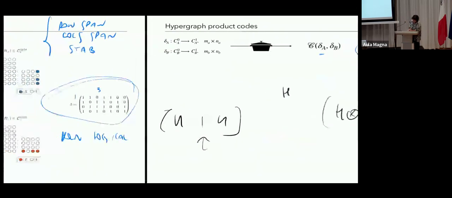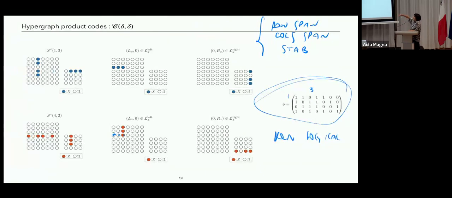And what is interesting is that even the good codes that I told you exist all come from some sort of product that is basically used to ensure that you have the right commutativity relationship. So enough space so that when you combine the X and the Z stabilizers, they overlap in the right way so that they commute. And then maybe some quotient, removing some of the qubits that are not needed, some symmetries that you have created, to actually obtain the good scaling.